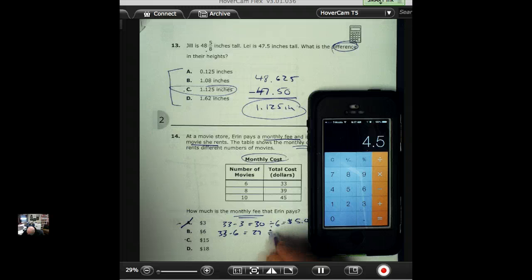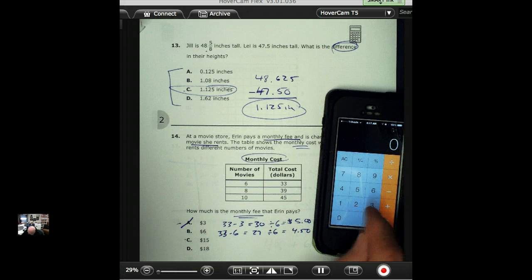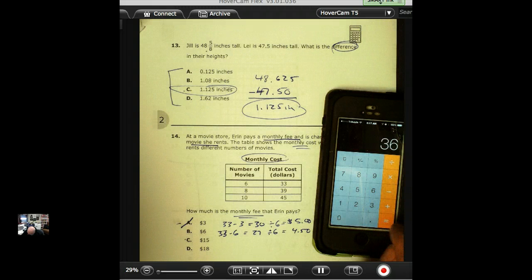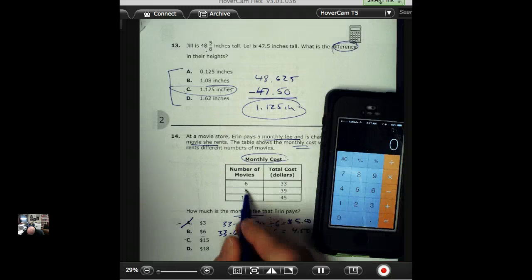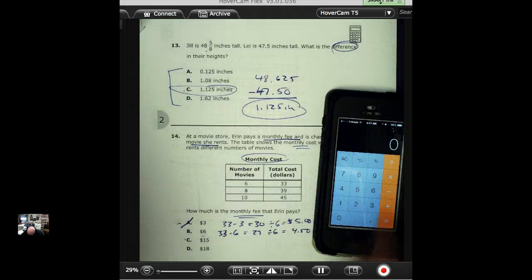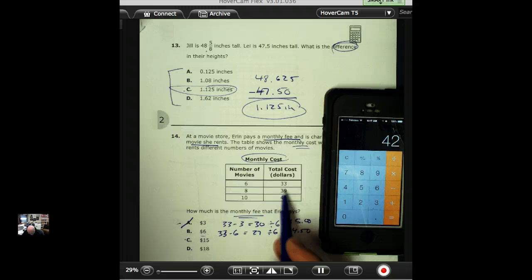Let's see if that would work for 8 movies. 8 times $4.50 equals 36, and then I'll add in that $6 monthly fee, which is going to be $42, not 39. So it can't be this one.